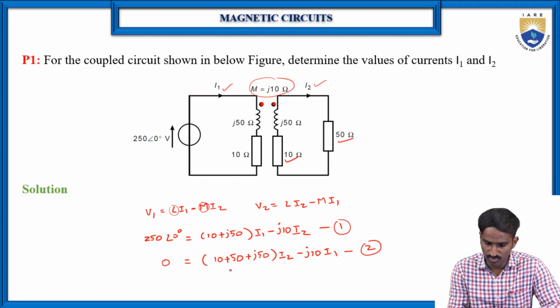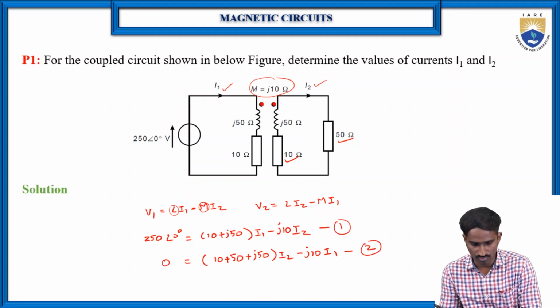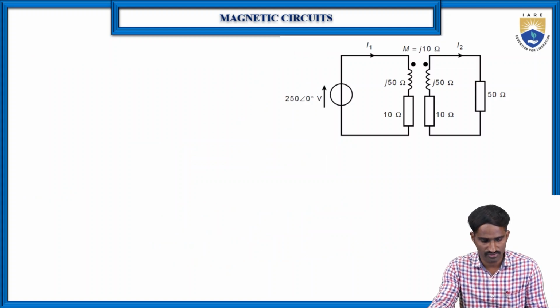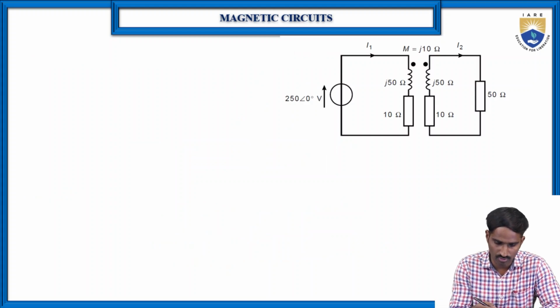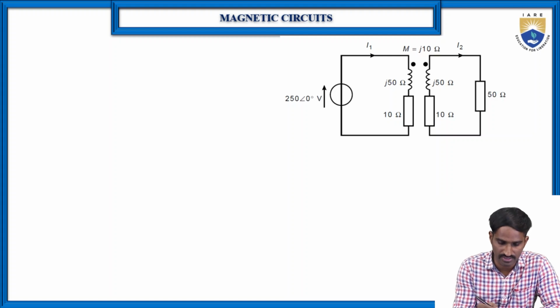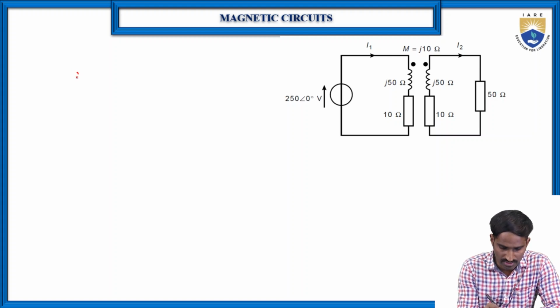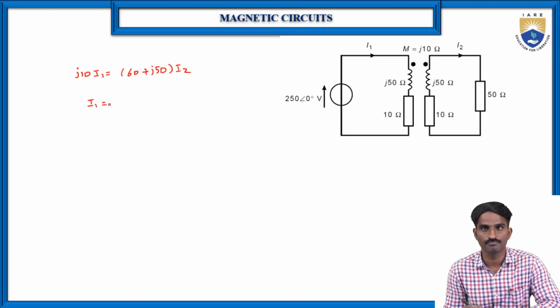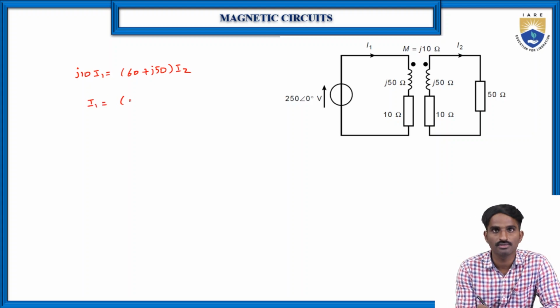So let us consider this is equation number 2. Try to simplify this equation number 2, then we can find the value of I1 in terms of I2. So here J10 into I1 is equal to (60 + J50) into I2. Which means I1 is equal to (60 + J50) into I2 by J10.